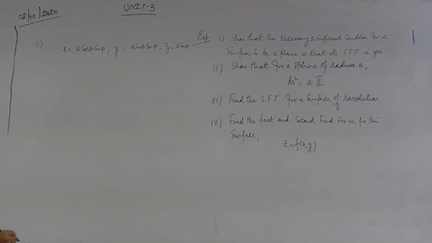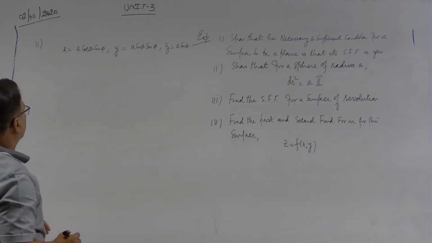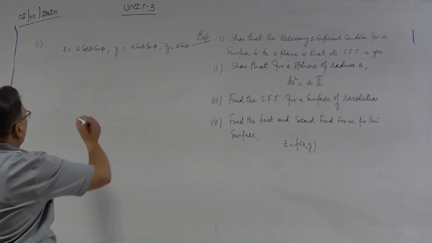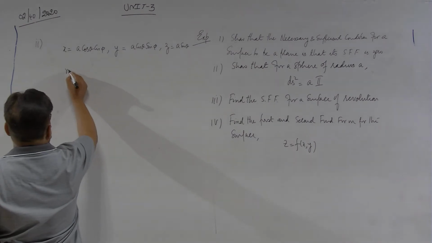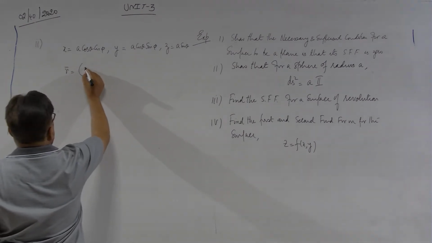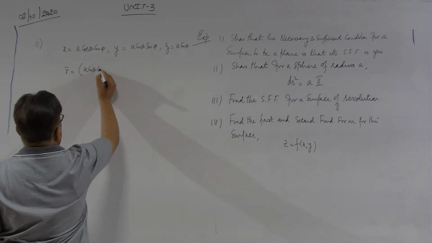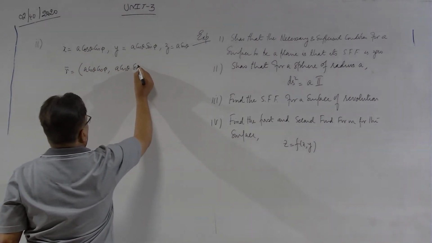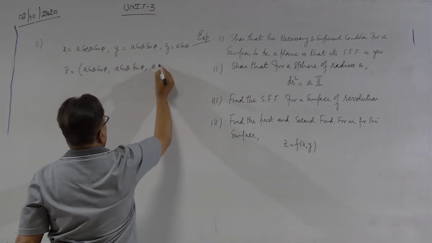It depends what angles phi and theta you are choosing. These are spherical coordinates. So, this becomes a parametric equation of the sphere with theta and phi as the two parameters. So, the position vector of a point on a sphere will be a cos theta cos phi, a cos theta sin phi, and a sin theta.